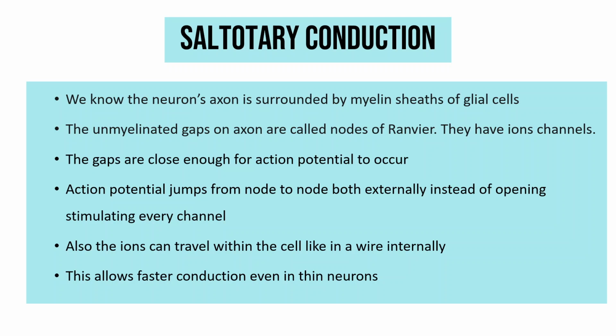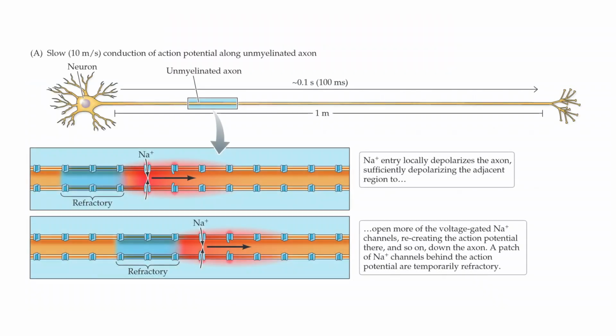Okay, and this creates a faster level of conduction. Suppose a cell is not insulated, it has to go through each channel, and each channel will take more time, and the more time it takes, the harder it will be for conduction of electricity.